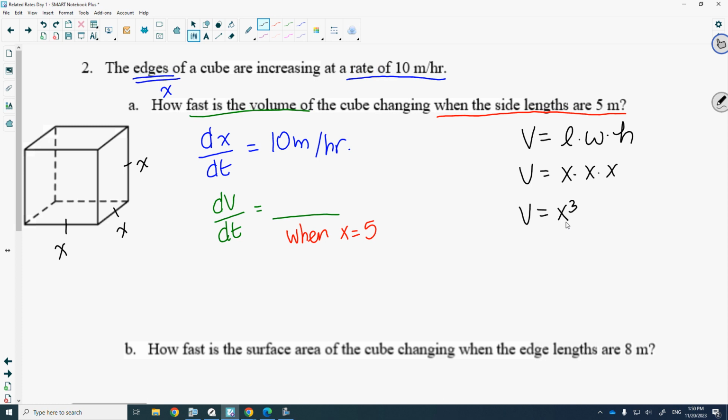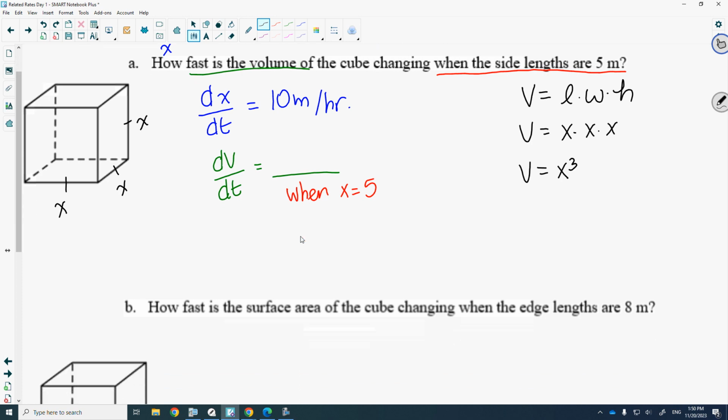So you need to come up with a formula that's somehow going to relate the volume with x. So I've done that. Once you have your formula, you implicitly differentiate both sides with respect to time. The derivative of V is 1, dV/dt. According to the power rule, the derivative of x cubed is 3x squared, and I just took the derivative of x, so dx/dt.